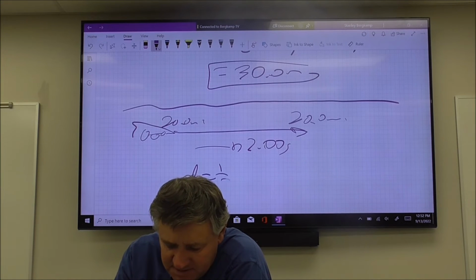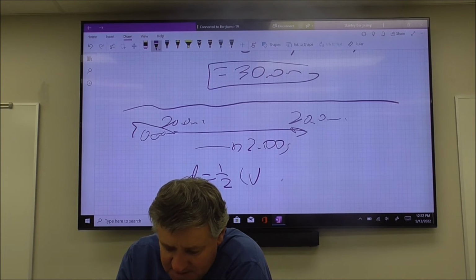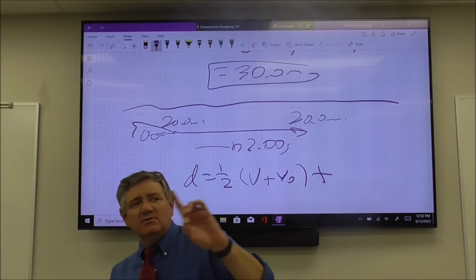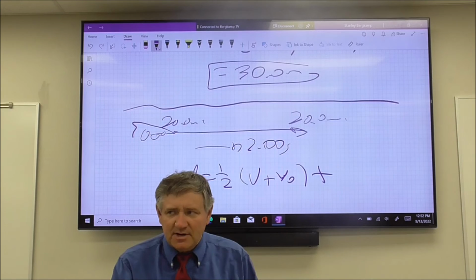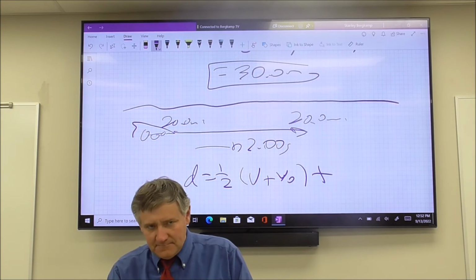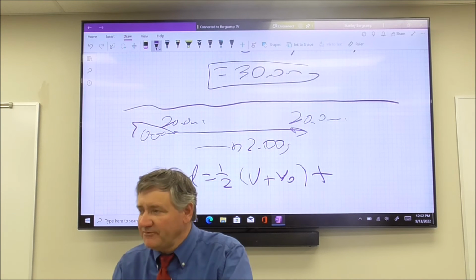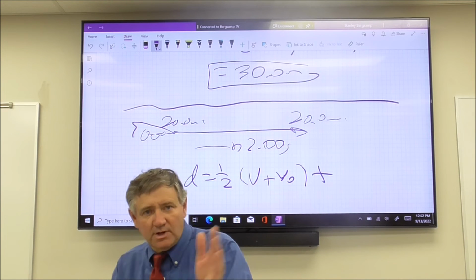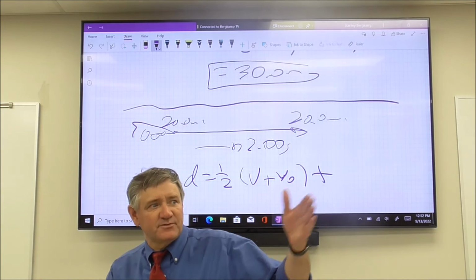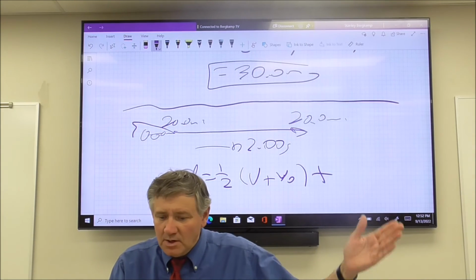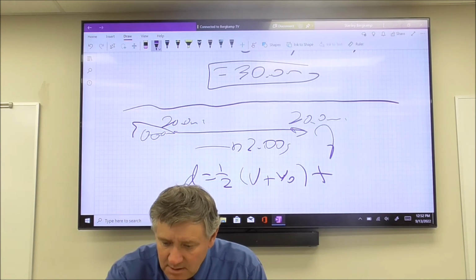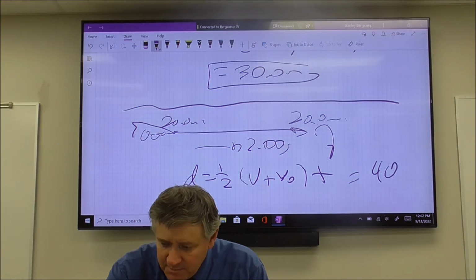Could I still use distance equals 1/2 (v plus v naught) time, even if I have constant velocity? Yes, because what's my initial velocity going to be? 20. What's my final velocity going to be? 20. 20 plus 20 is? Half of 40 is 20. 20 times 2 gets me 40 meters.